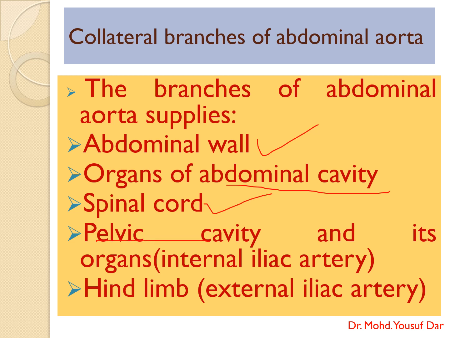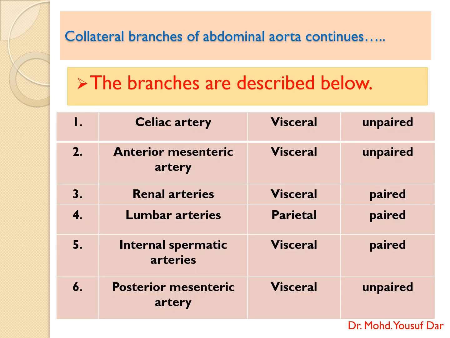It supplies the pelvic cavity and the wall of the pelvis with the help of the internal iliac arteries. It also supplies the hind limb, which is supplied by the external iliac artery, arising from the abdominal aorta at the fifth or sixth lumbar vertebrae. Now, there are different branches which arise from the abdominal aorta.